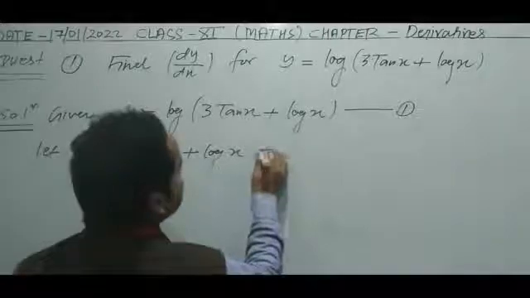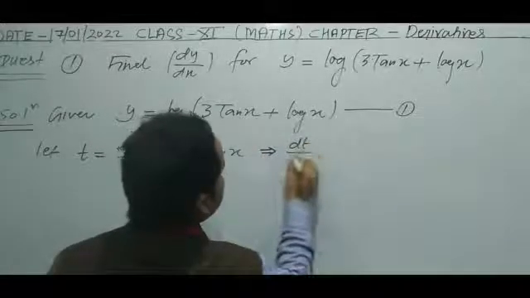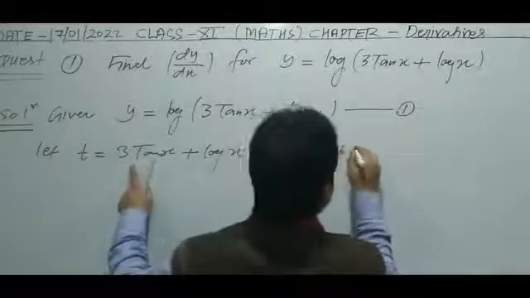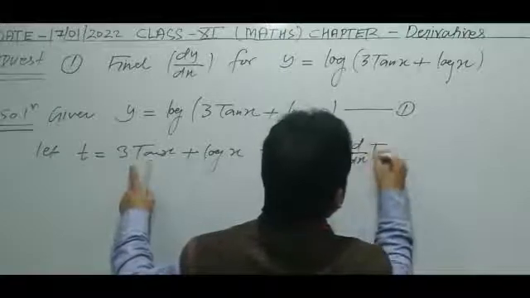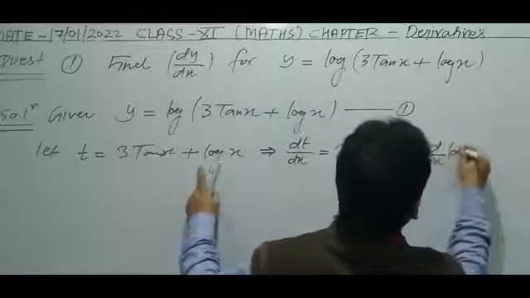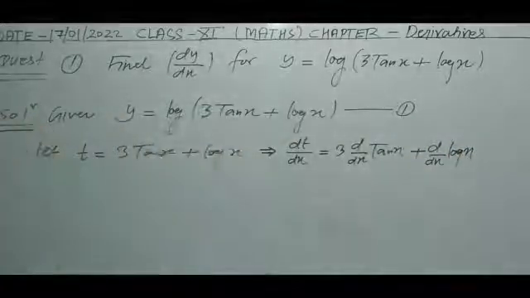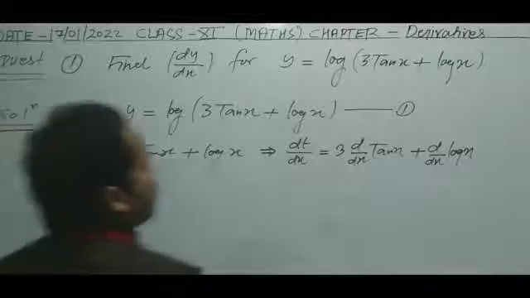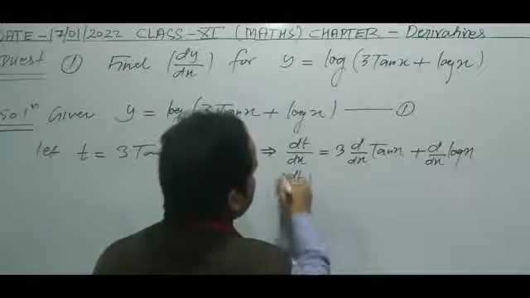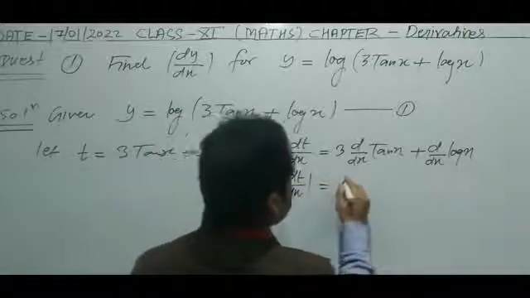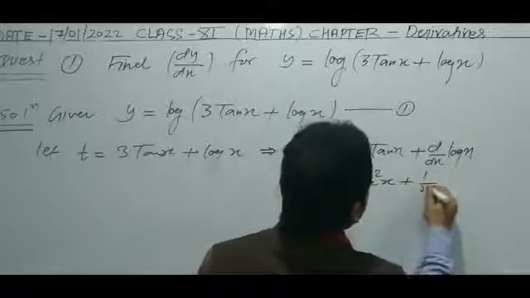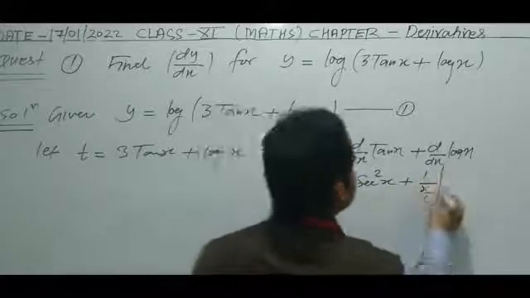This implies dt by dx result is 3 times d by dx of tan x plus d by dx of log x. Means dt by dx result we can write 3 times sec square x plus 1 by x.